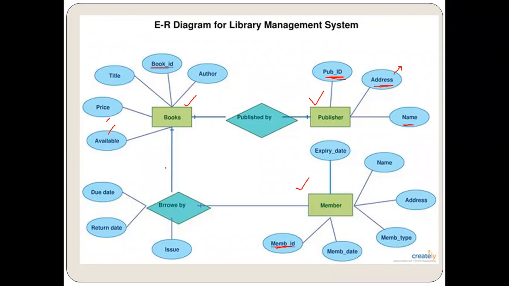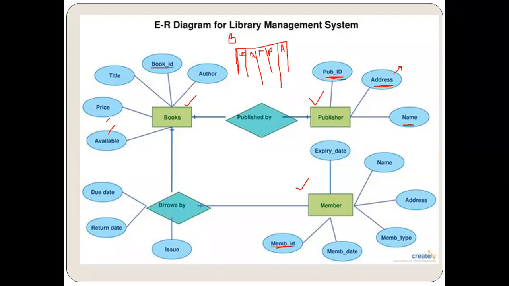In this example, you can state that there will be three tables. The first table will be named book, and it will have columns which are the attributes: the book ID, the author, the title, the price, and the availability, right?